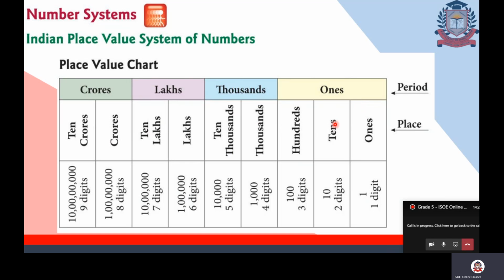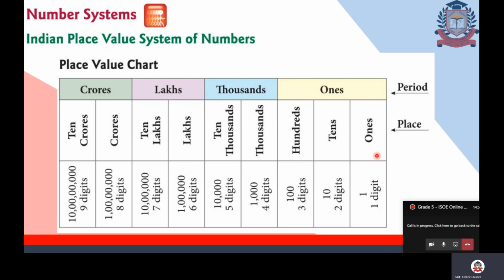Ones, tens and hundreds come under ones period, thousands and 10,000s come under thousands period, lakhs and 10 lakhs come under lakhs period, and crores and 10 crores come under crores period. That is why we are grouping into periods, for our easy reference, right?